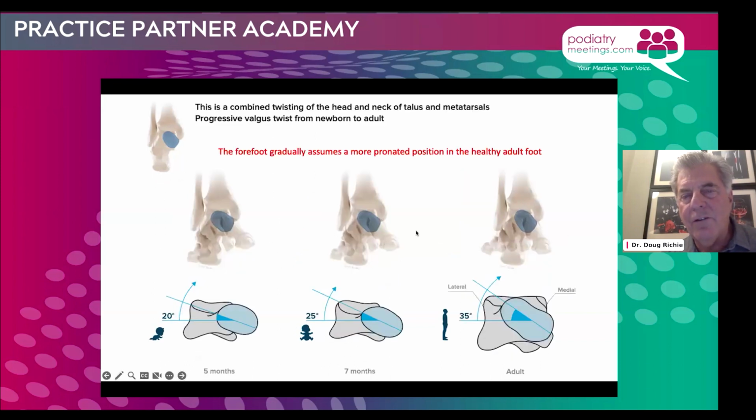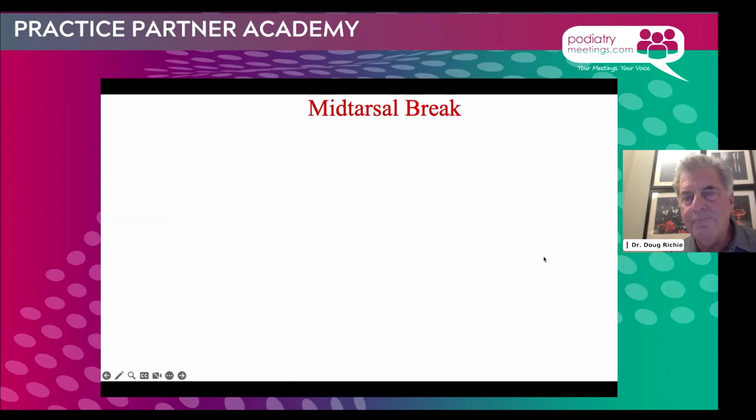The metatarsals follow. By the adult period, which is after age 14, the valgus rotation of both the talus and the metatarsals has pronated the forefoot from a very supinated position to hopefully a rectus position relative to the heel.